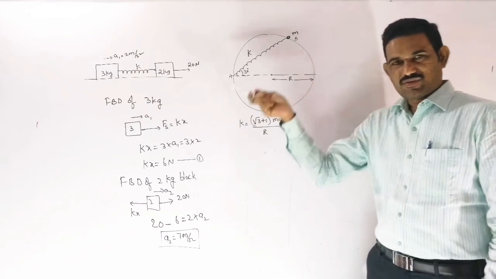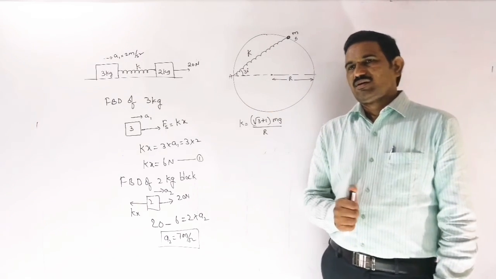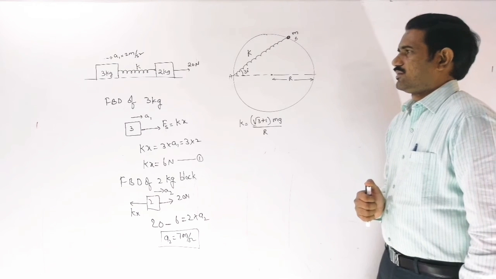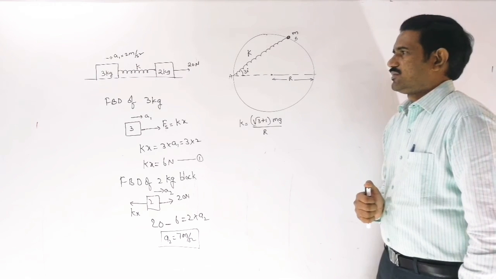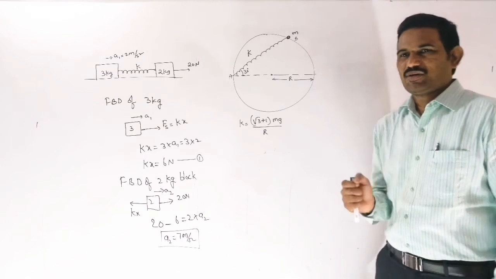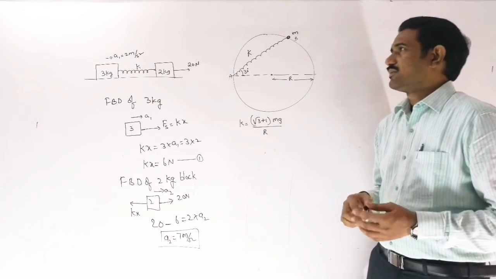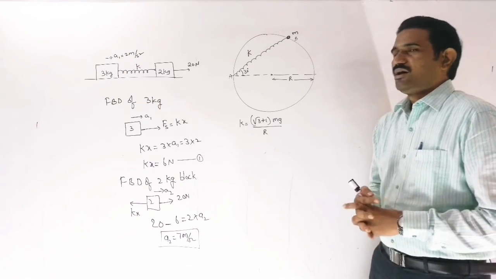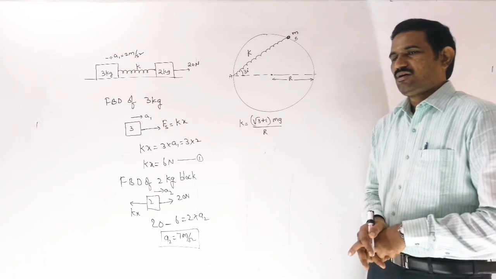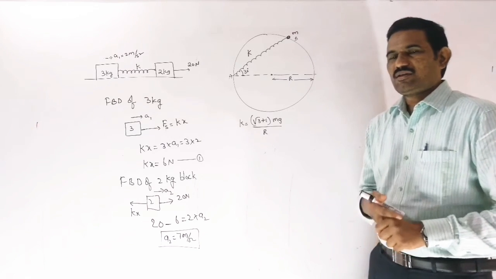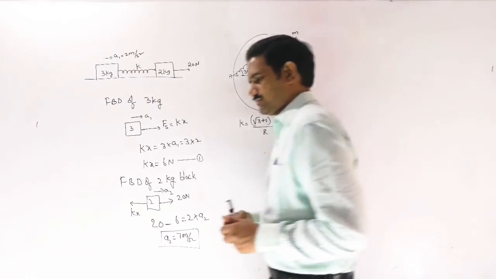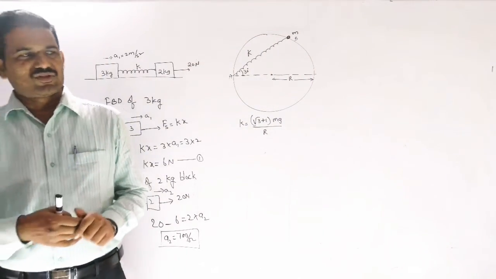The natural length of that spring is also r only. The spring is fixed between the positions A and B, and the bead B can slide along the ring without any friction.